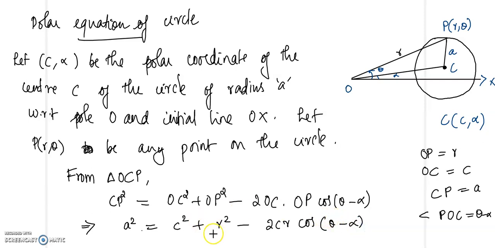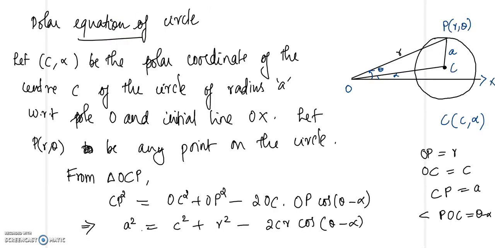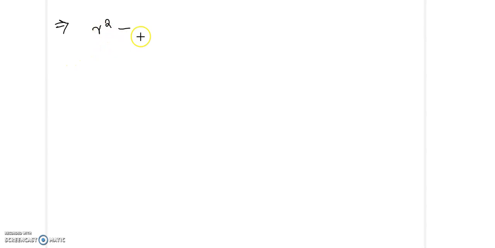Now let us write the equation in the form r square minus 2cr cos of theta minus alpha plus c square, taking a square also to the side, equal to 0.